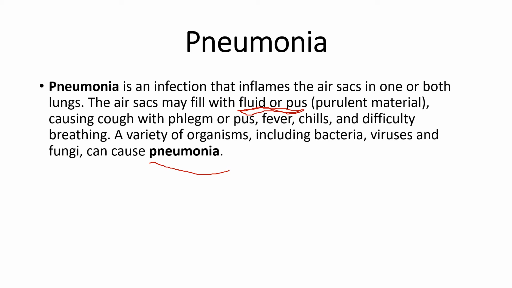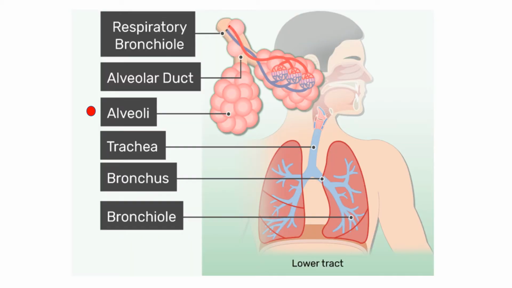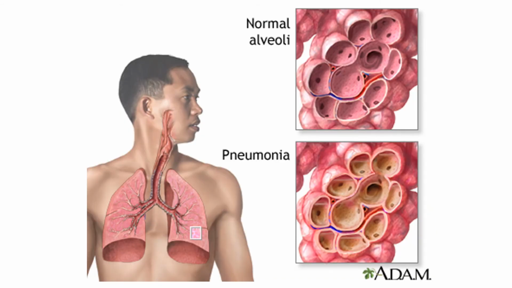Pneumonia can be caused by a number of different types of bacterial organisms. I already talked about the alveoli, where the blood gas exchange occurs, but this can get infected by bacteria causing pneumonia. So, normal alveoli, and pneumonia.